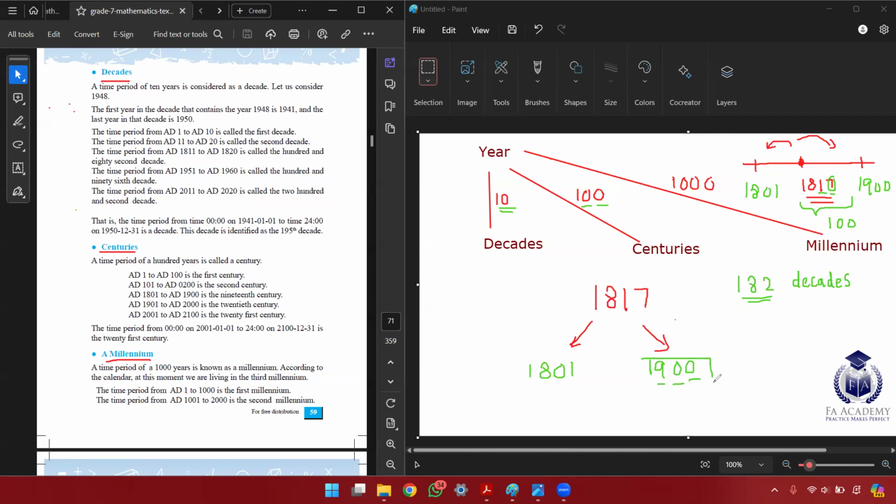You need to take the second number and just pick the number in front of the hundreds place, including the hundreds place and the number in front of that. So we call this belonging to the 19th century.